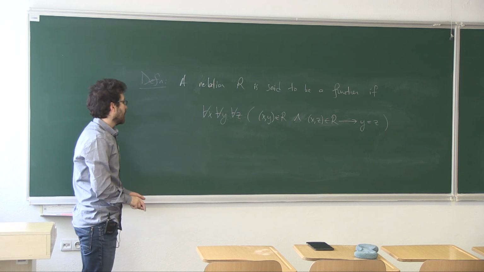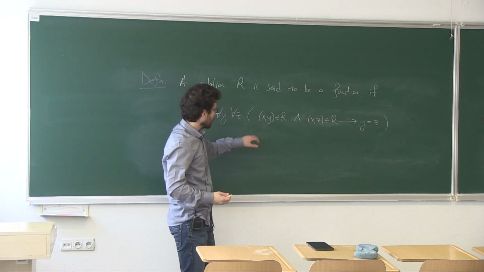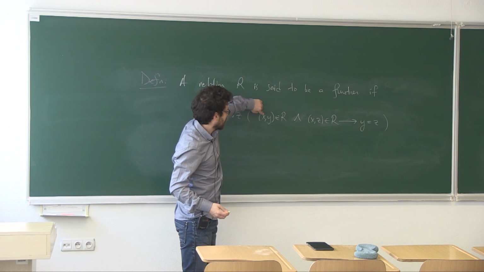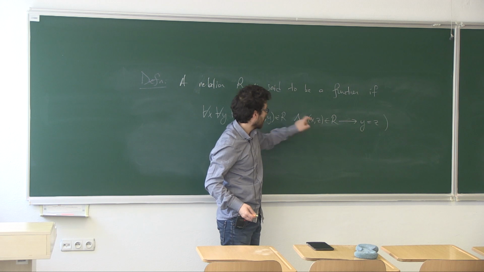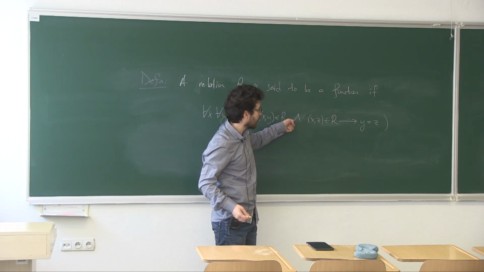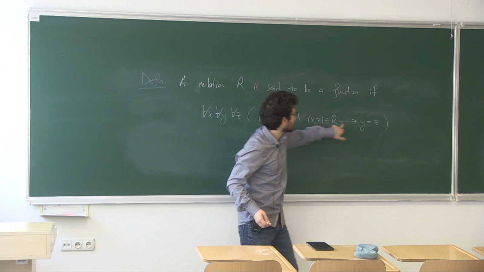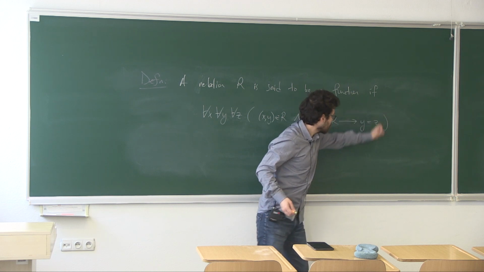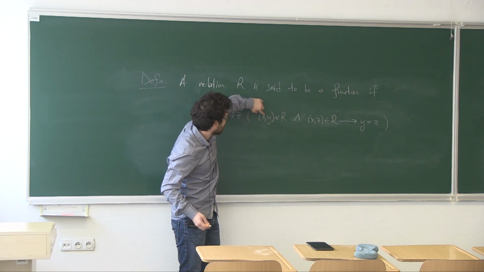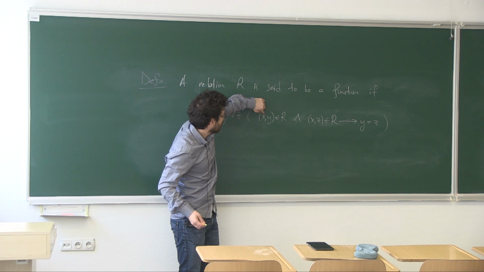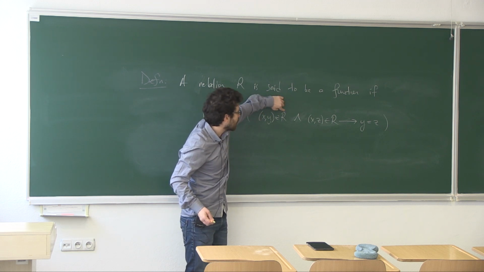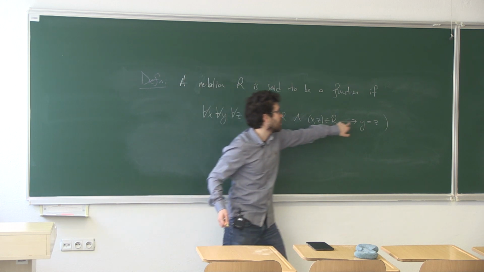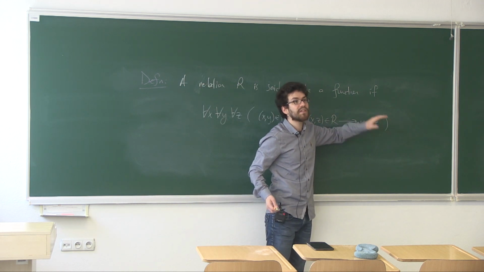What does this say? It says that if an object is related to y and z under this relation R, then these objects are really the same. In other words, any object which is related to something by R is actually related to a unique object, if it is related at all.